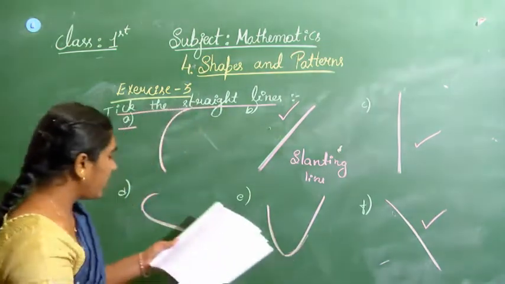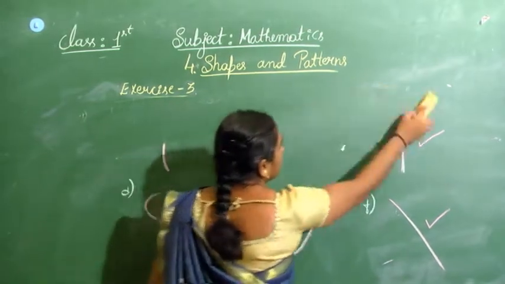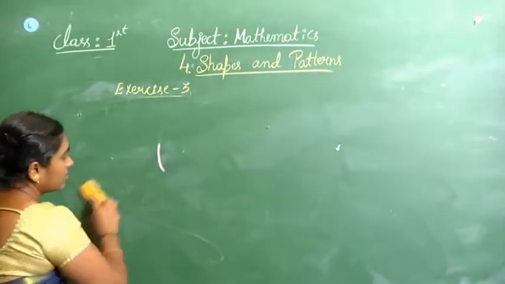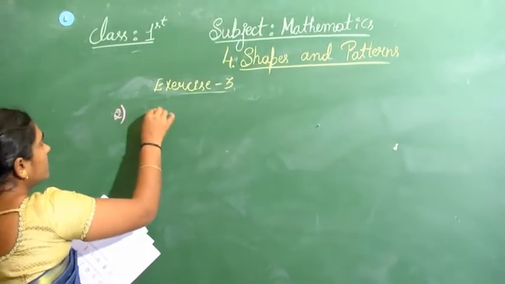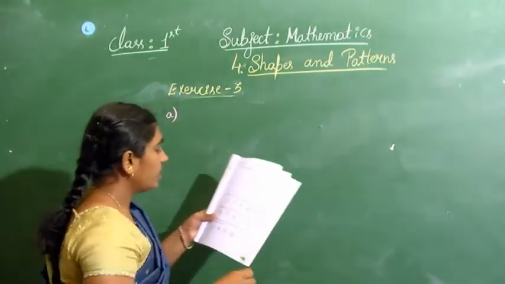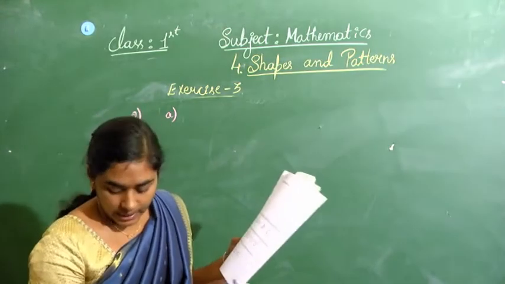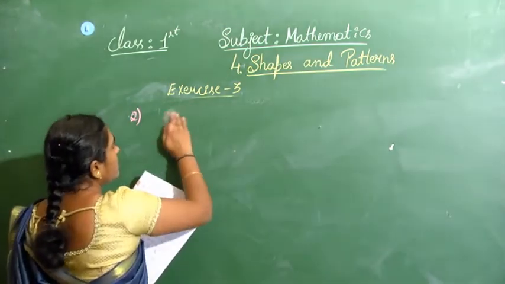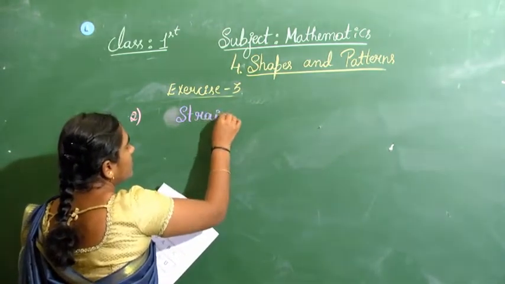Coming to the second main. Second main we have. Which of these are made up of straight lines only?